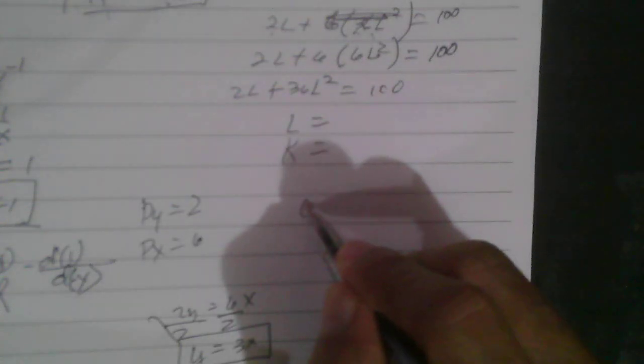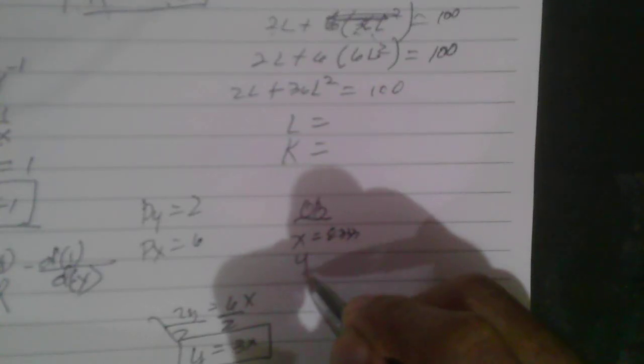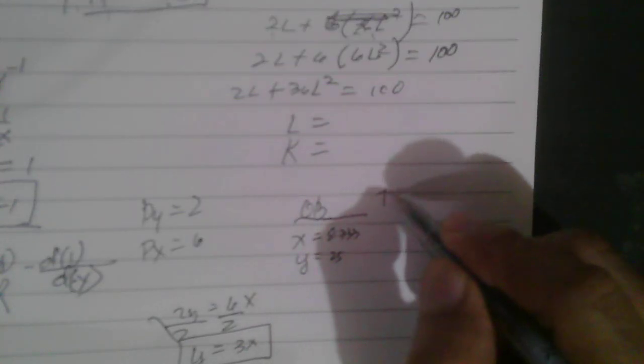So the original bundle is x equals 8.333 and y equals 25. Your final bundle is what you get if the price changes.